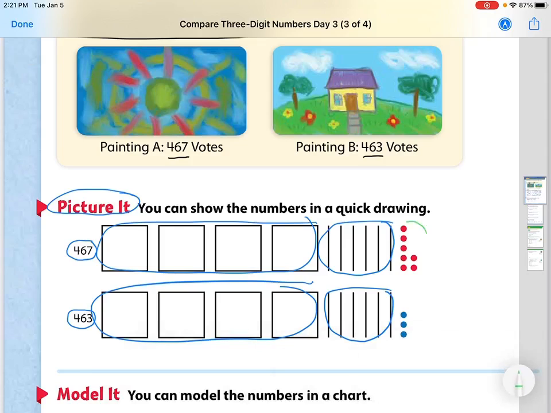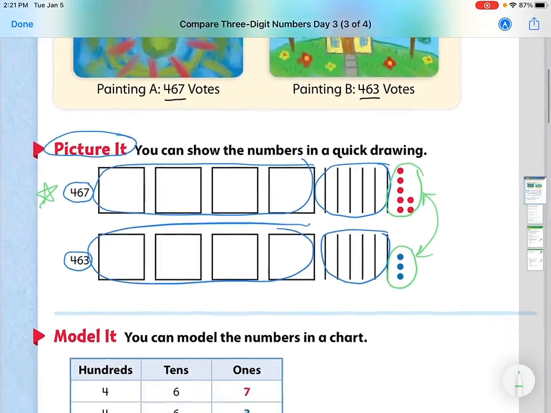So in 467, there are 7 ones, and in 463, there are 3 ones. And so these are the two things that we're going to compare to know which number had the most votes. And we can easily see that 7 is greater than 3, so that means 467 is the one that has the most votes, or painting A.